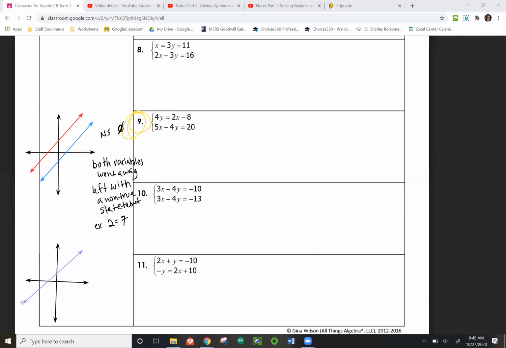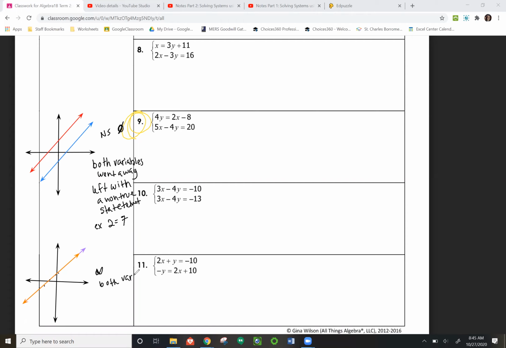So the same here. Let's look at another scenario. You could have drawn one of your lines and then you do the other one, and it turned out that they were the same exact line. Okay, so we said that there were infinitely many solutions, right? There were so many points that those two lines had in common. Well, we're going to have the same thing algebraically from the start.